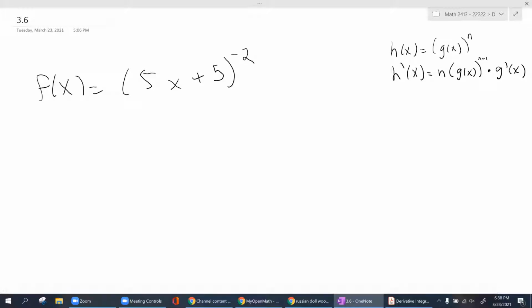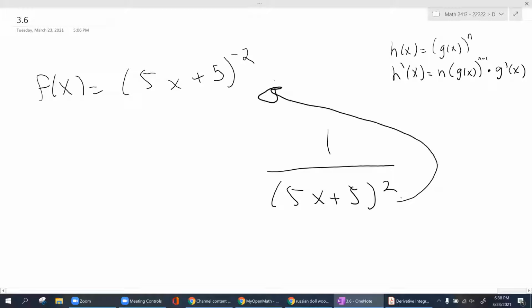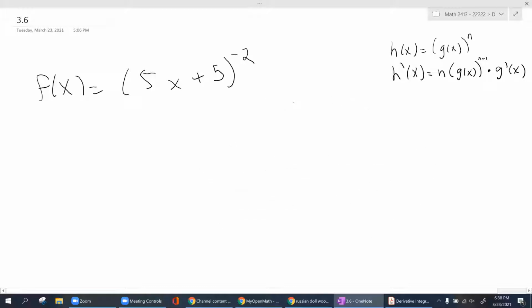And remember, you have to think about this, because if our initial function looked like this, you would have to move it to make it look like that. Applying the chain rule, I'm going to take the derivative of this function. F prime is equal to, I'm going to bring that -2 to the front. This is very important, I'm going to write down exactly what is inside those parentheses.